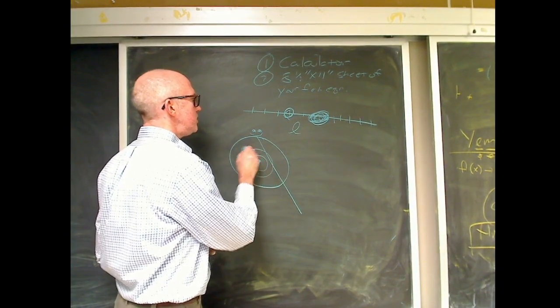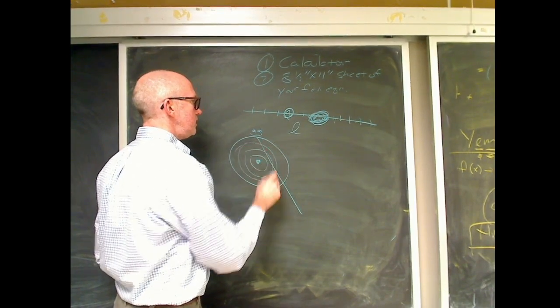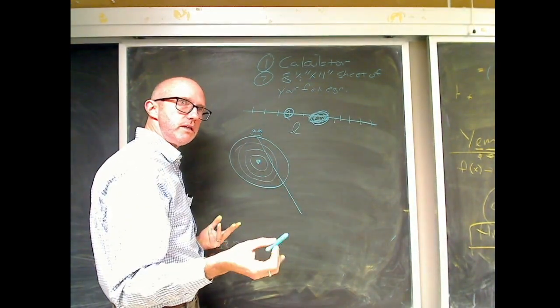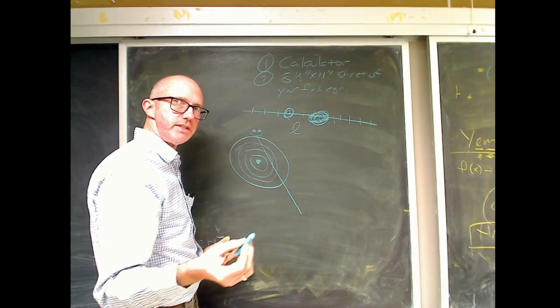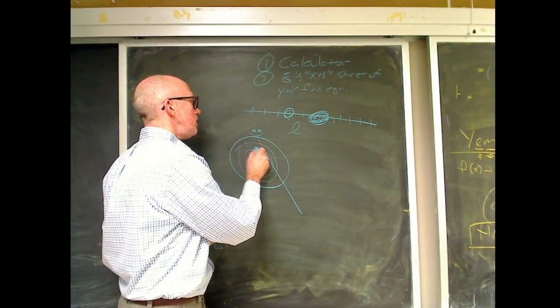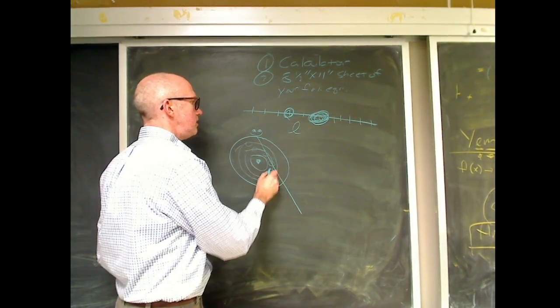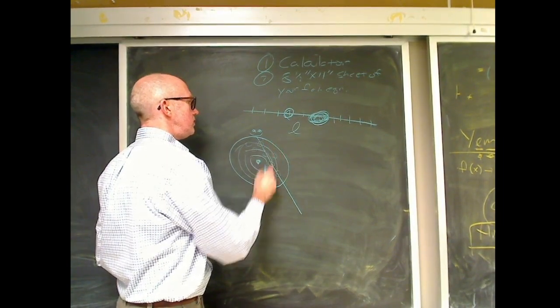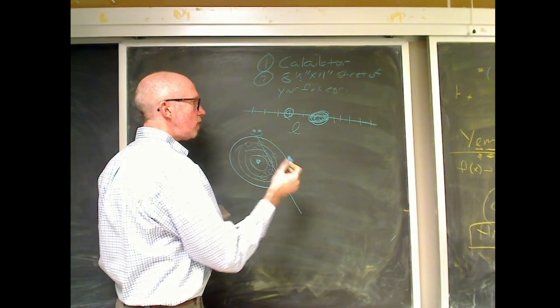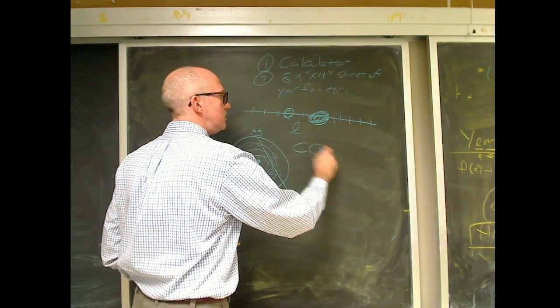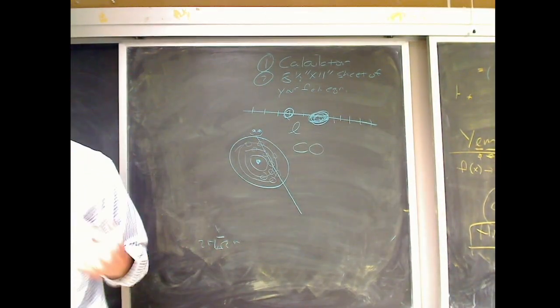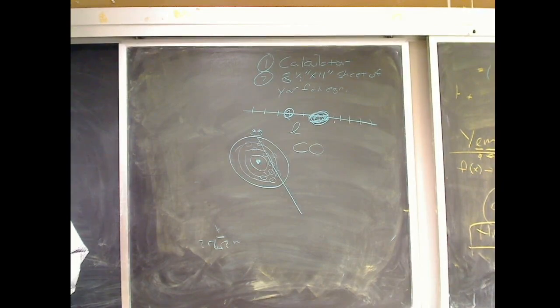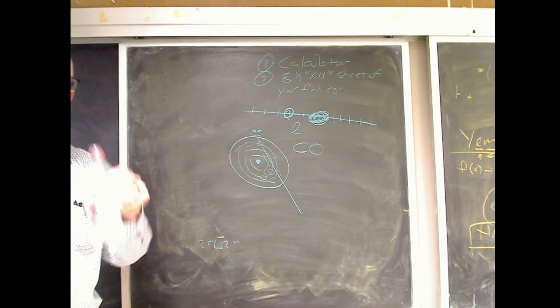Here are some fictitious curves that I'm drawing. These are different radii at which stuff exists. Throughout the galaxy, there are clouds of carbon monoxide. Carbon monoxide is the second most abundant molecule in the universe, the first being molecular hydrogen.